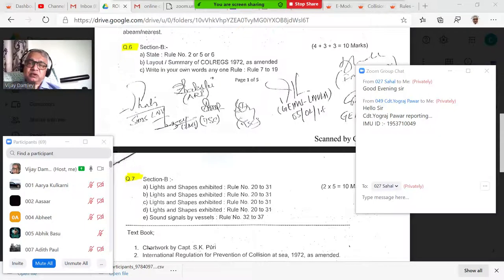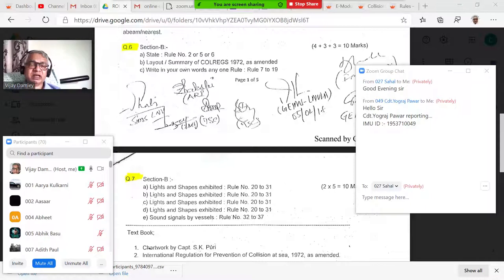Now comes a more interesting one. The C is write in your own words any one rule, 7 to 19. Now 7 to 19 rules, that means you must know and you should be able to write in your own words.